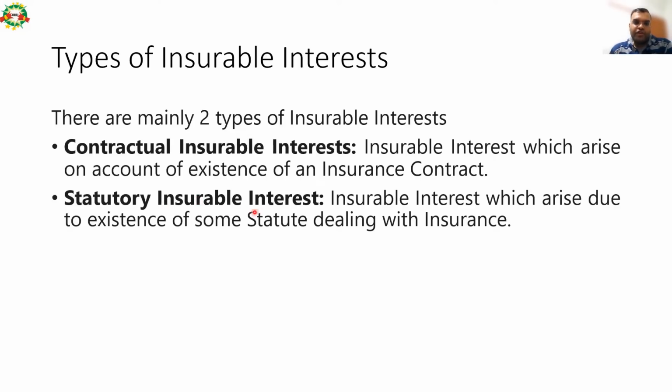However, statutory insurable interest is insurable interest which arises due to existence of some statute dealing with insurance. So there is no separate execution of agreement required. Whatever laws or statutes are there in the country, they by default give us those insurable interests.